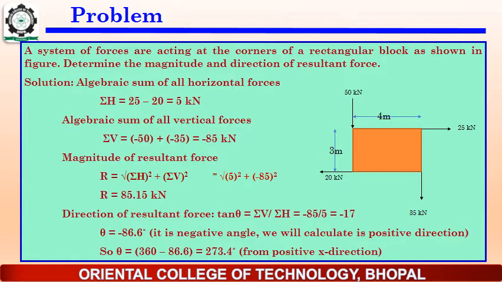So for that we will apply 360 minus 86.6 is equal to 273.4 degree. This is the exact and proper value of our angle. Means this value is from positive x direction and measured in anti-clockwise direction.